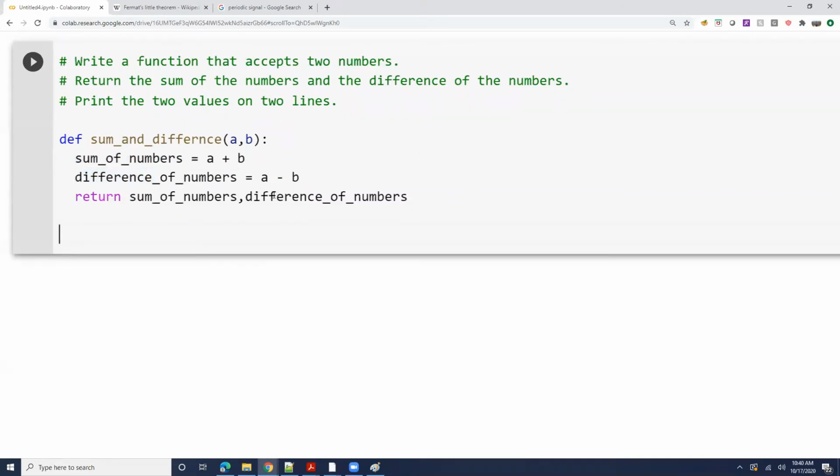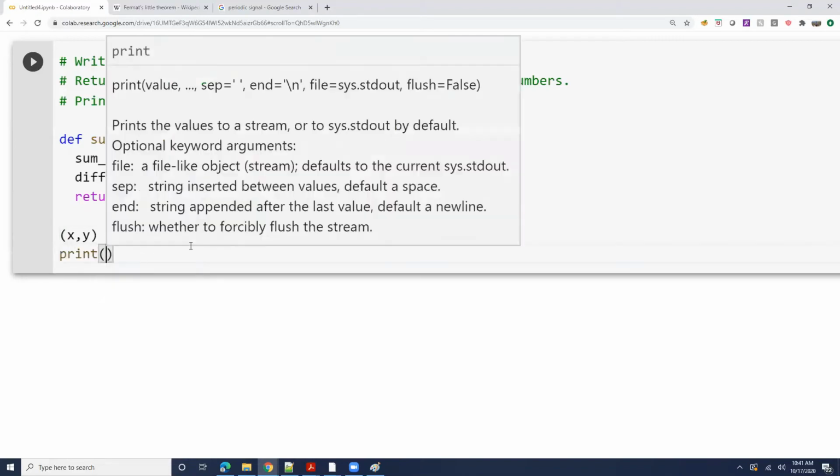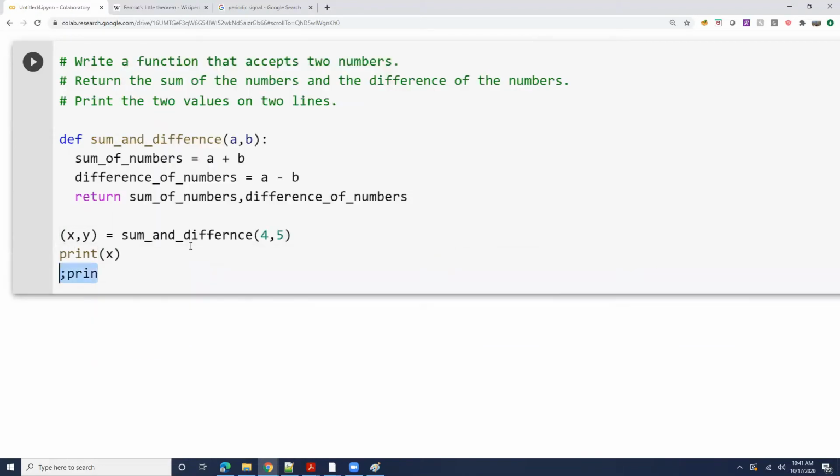Now you want to return this, you can just say x comma y equal to sum and difference of 4 comma 5, print of x, print of y.